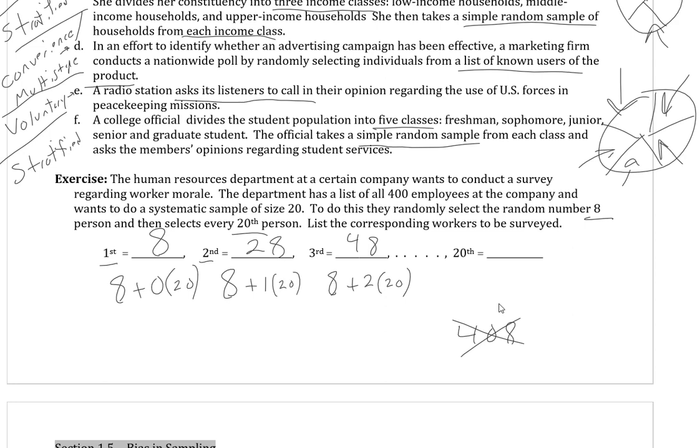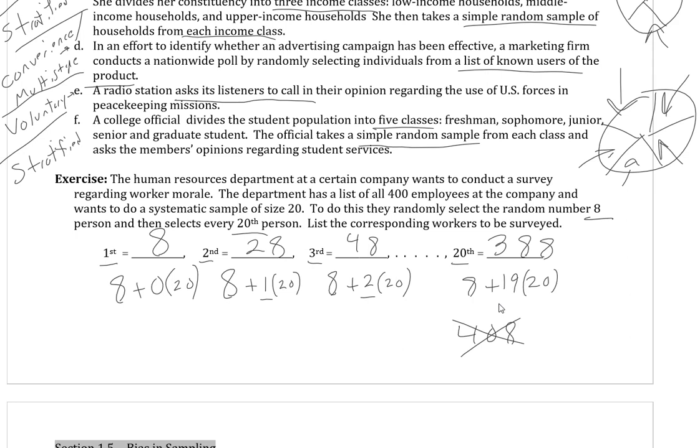Oh, and when we did the third person, we added 2 20s. Therefore, when we would add the fourth person, we would add 3 20s. Fifth person, we would add 4 20s. Likewise here, with the 20th person, we would only add 19 20s. Therefore, we get a number of 388.